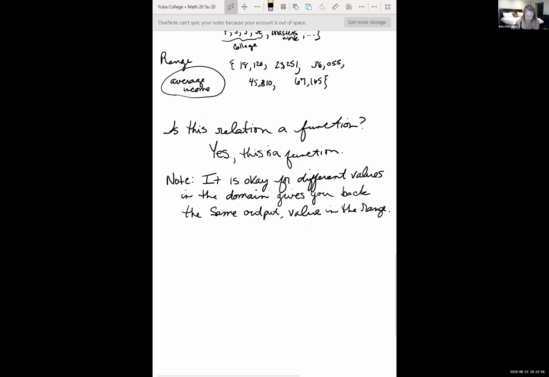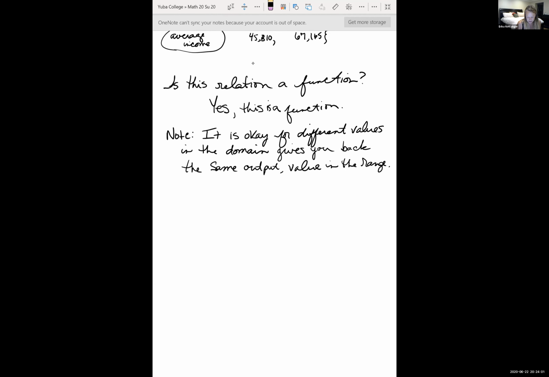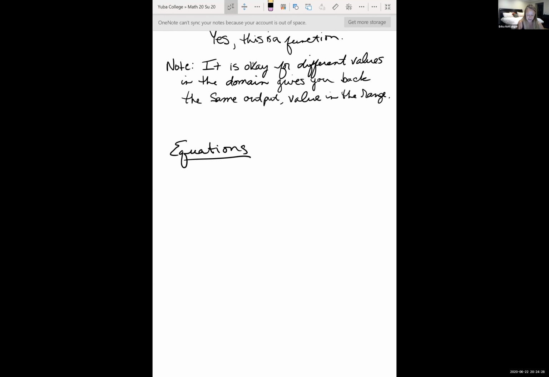Just a bit of terminology: equations can be written in different forms. Last week we looked at equations of lines. One was written in slope-intercept form, one in point-slope form, one in standard form, but they were all equations of lines. And so we say that an equation is in implicit form.